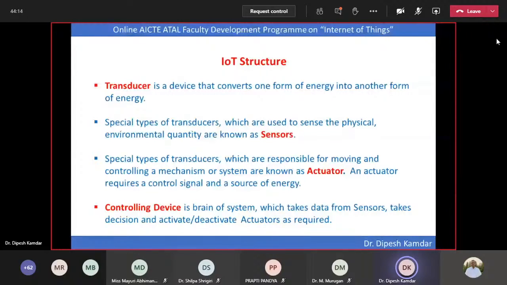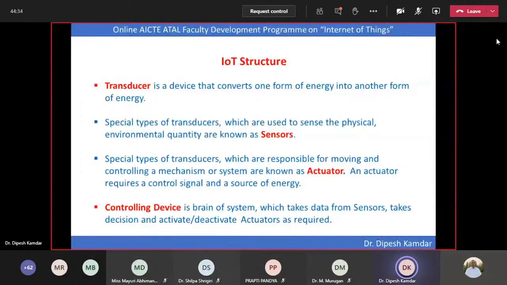Your controlling device is the brain of the system, which takes the data from sensors, takes decisions based on the data, and activates or deactivates actuators as required or as programmed.